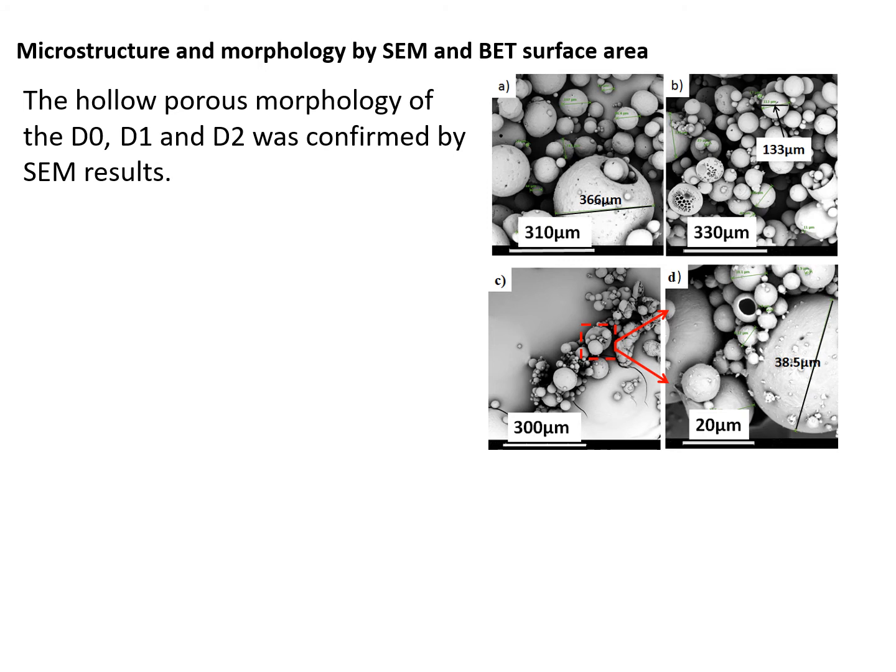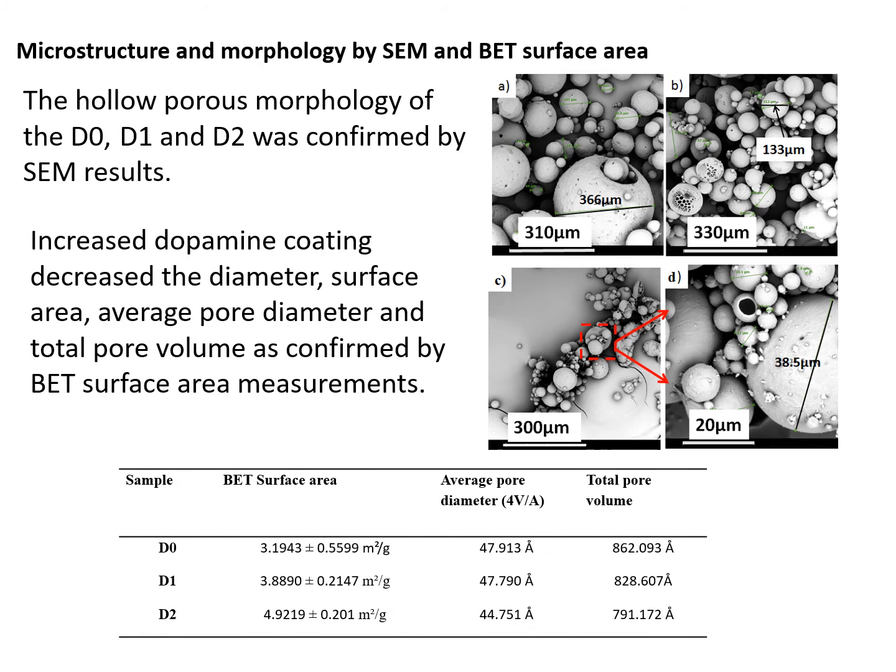The morphology and the diameter of these microspheres were determined by scanning electron microscope, and it was confirmed that the presence of dopamine, or the concentration of dopamine, is decreasing the particle size of these microspheres as it is increasing the repulsive force between the microspheres themselves. And we found that the presence of dopamine is also increasing the surface area and pore volume as well.